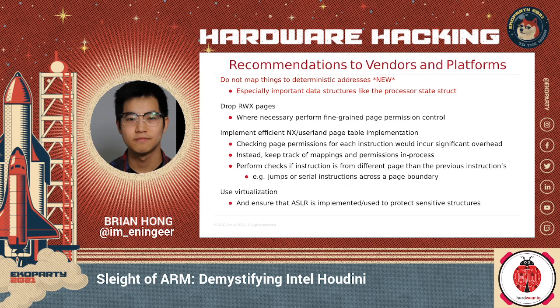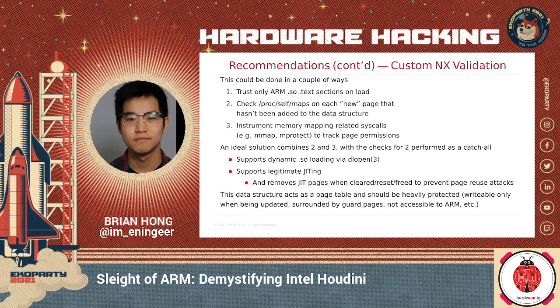So speaking of the userland page table, these are some of the ways we think it can be done. Trust only the text sections on load and check the page mappings every time a new page has been added. Or, libhoudini has hooks for all the syscalls, so instrument those memory mapping related syscalls to track page permissions.